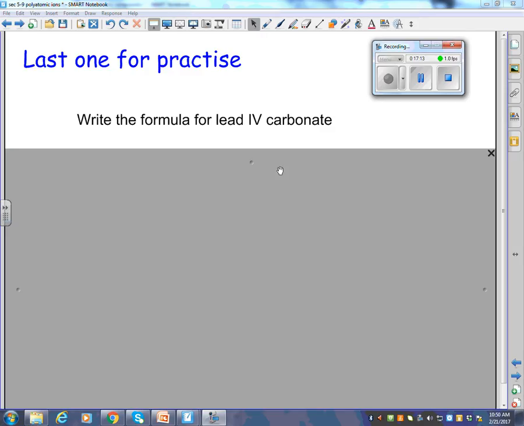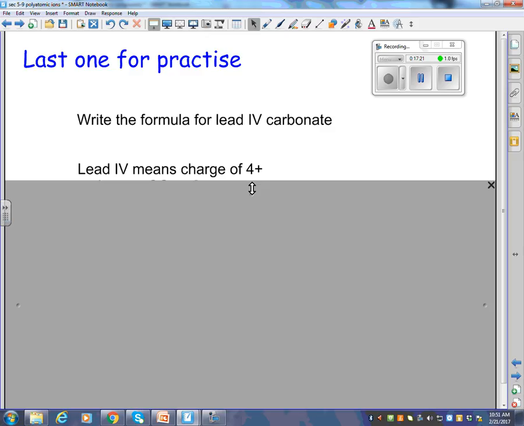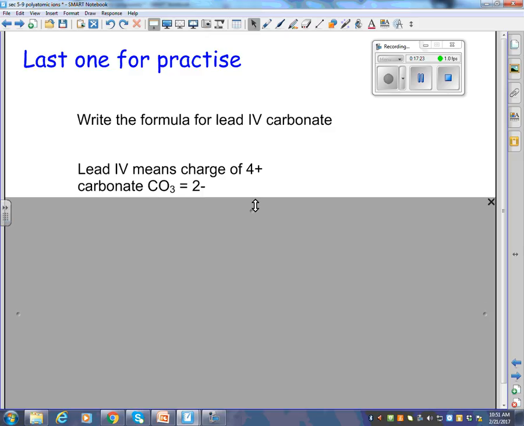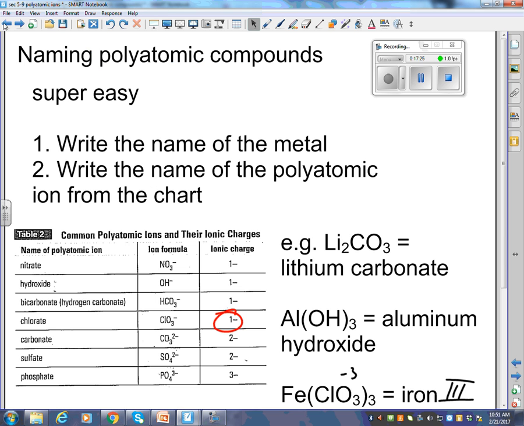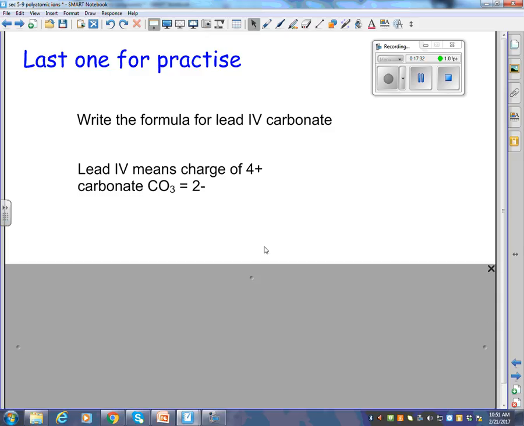Okay, lead 4 carbonate. Lead 4 means that it's a charge of 4 positive. Carbonate is a charge of 2 negative. So to make them balance out, you're going to have the lead, Pb 4 positive, and you're going to have carbonate, CO3, 2 negative. Crisscross them.